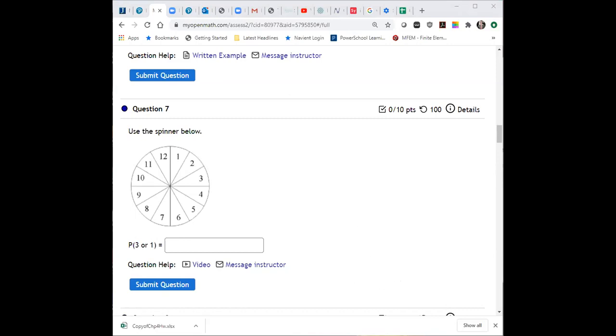Remember, let me explain about this one. Let me show you my whiteboard. So for this problem, if you're looking for the probability of A or B, you can use the addition rule to calculate it.